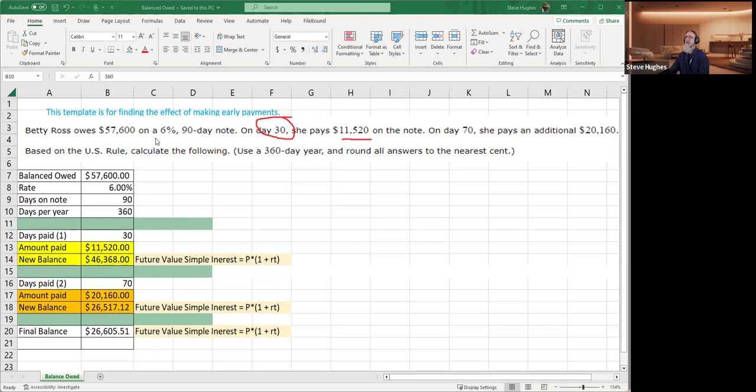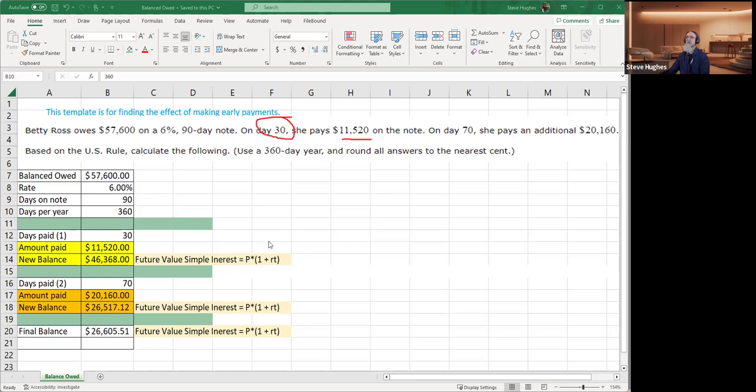What do I mean? For 30 days, she had a balance of $57,600. So that has to be calculated to the future value at that point in time. It's simple interest because it's not being calculated on accumulated interest. It's only on the principal. So the formula is P times 1 plus RT right here in the middle of my screen.